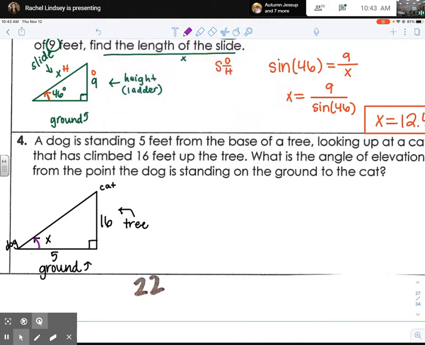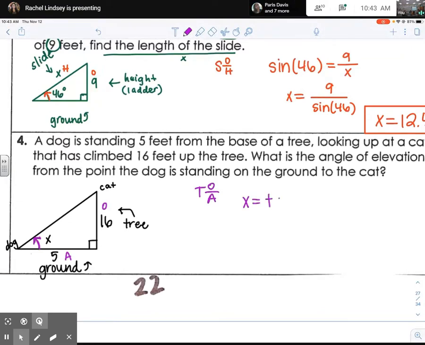So this is my angle. 5, is that opposite, adjacent, or hypotenuse? Adjacent. 16, opposite or hypotenuse? Opposite. So I have O and A. I'm going to use tangent. So I'm going to have an inverse, right? Because I'm looking for an angle.